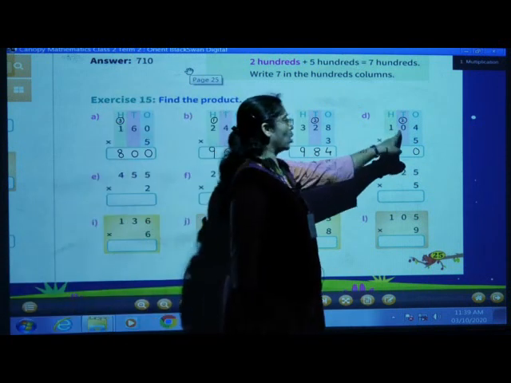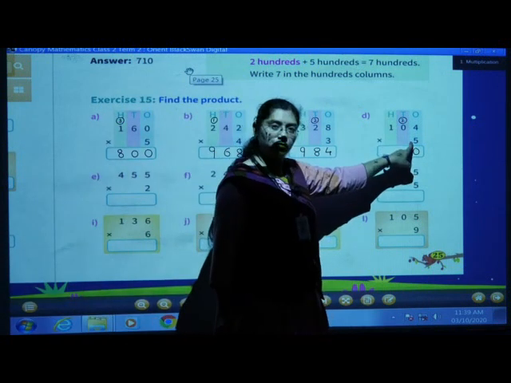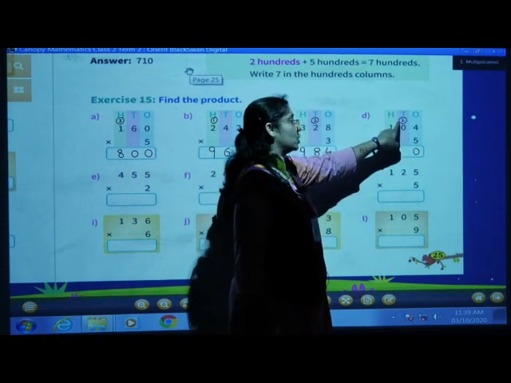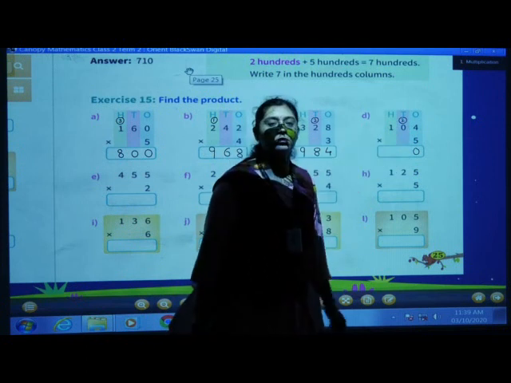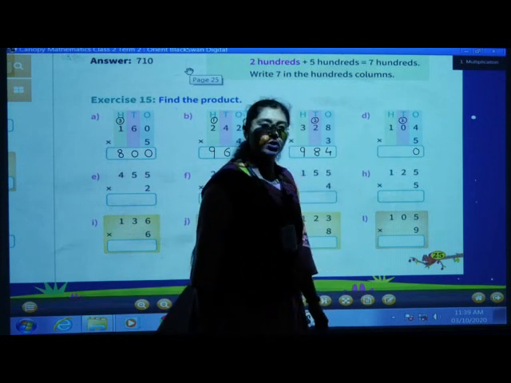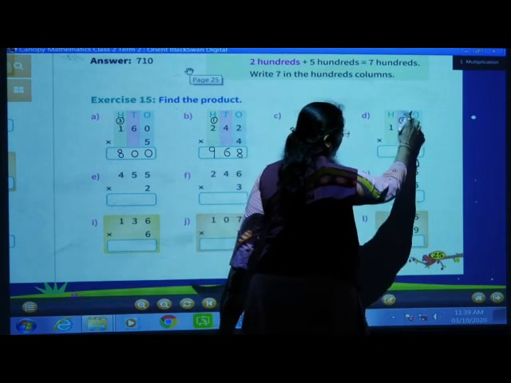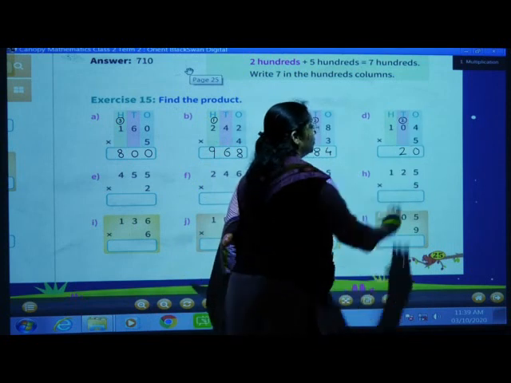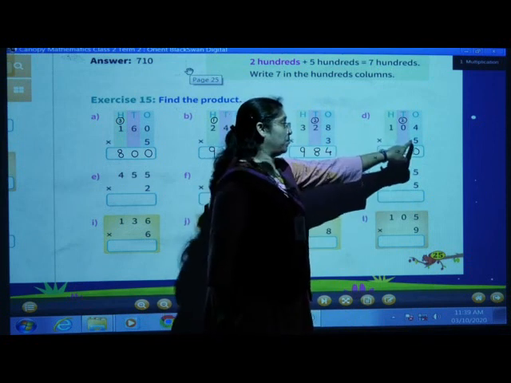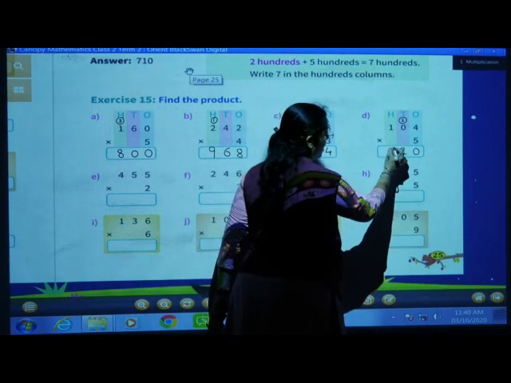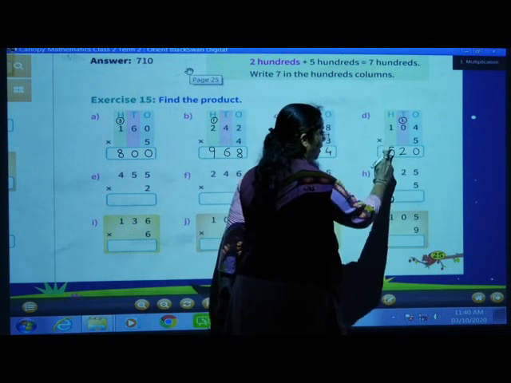Okay. 0 multiplied by 5, how much? 0 plus we have to add this 2. 0 plus 2, 2. 2 we have to write in the tens column, and then 100 multiplied by 5 means 5 ones are 5, 500, and this 5 we have to write in the hundreds column.